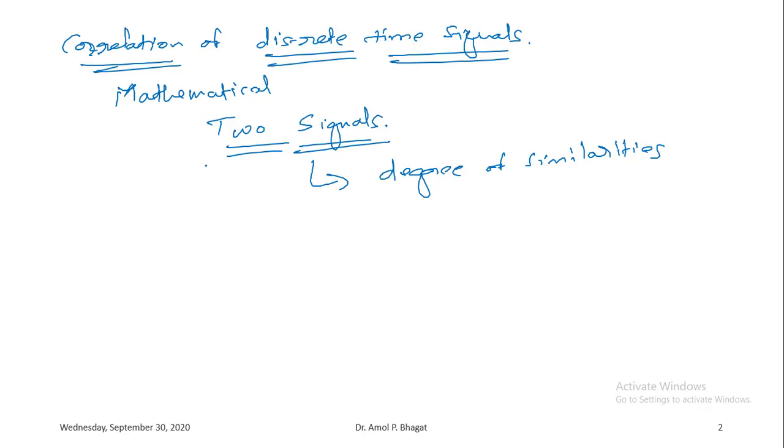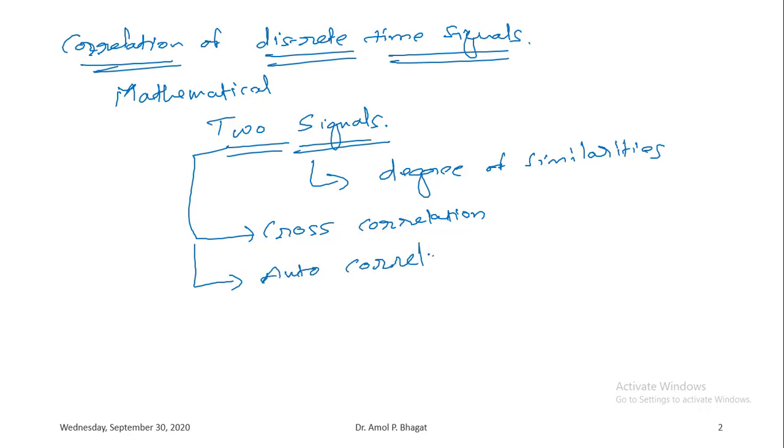If those two signals are distinct, then that operation is called cross correlation, and if we are comparing a signal with itself, then it will be called autocorrelation. So there are two types of correlation operation, that is cross correlation and autocorrelation.